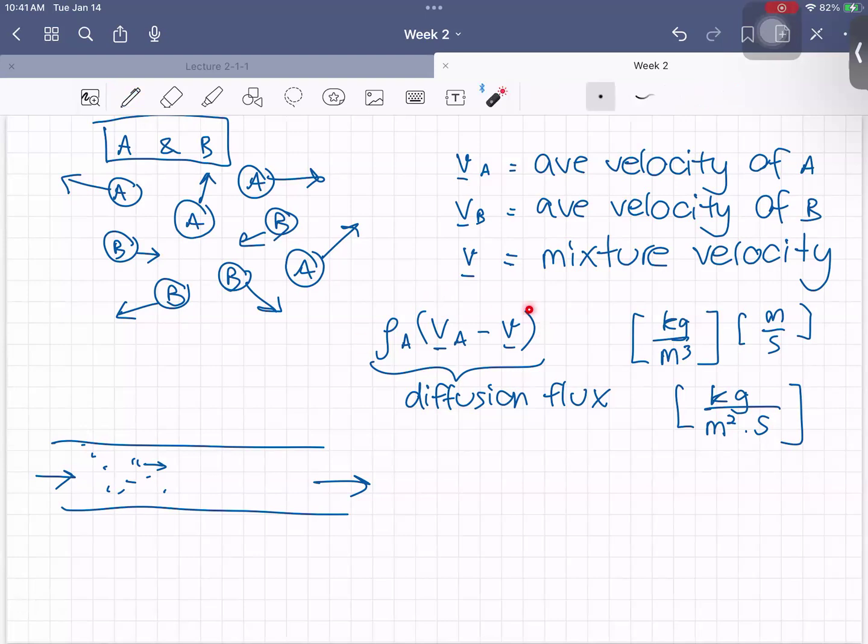This term is telling you about that: the concentration of salt is higher than that of the water, and that's why the velocity of the salt is not equal to the average velocity of the whole solution. So there will be a diffusion flux going on in this case.